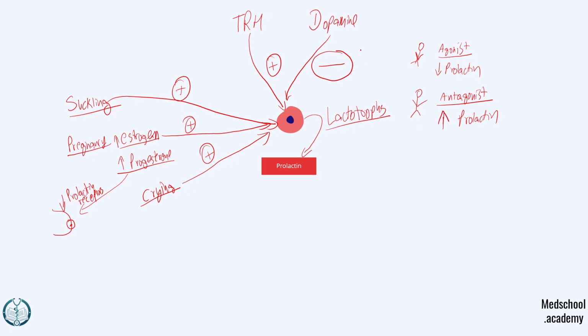Why does it increase? Because let's say this is dopamine receptor, it will bind to the dopamine antagonist. The antagonist will bind to this receptor and prevent dopamine from attaching to this receptor. So that means dopamine cannot have its effect on the lactotrophs, therefore increasing prolactin.